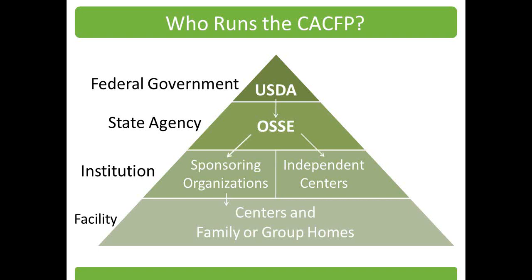Centers also have the option to work directly with the state agency as an institution or participate under a sponsoring organization. Family daycare homes must participate in the CACFP under a sponsoring organization. Any one location that participates in the CACFP, whether sponsored or independent, is called a facility.